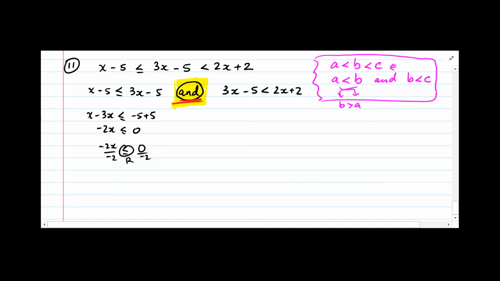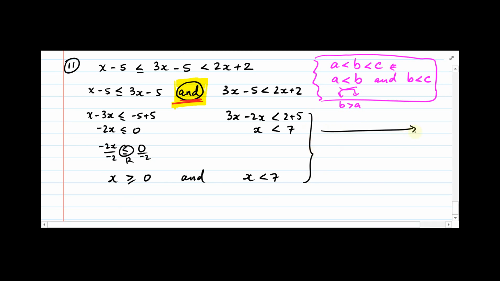It doesn't matter if I write 0 divided by negative 2, it will still be 0. x is greater than or equal to 0. I can do the other side, 3x minus 2x, and 2 plus 5, that's 7. And what else do we have? We have just x. So we end up with these two inequalities.